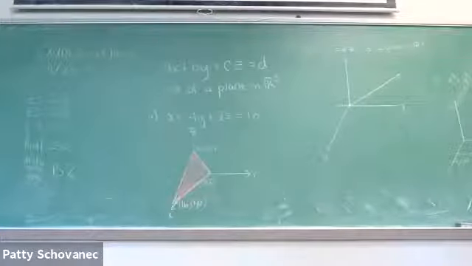But the absence of the z variable means that this extends infinitely up and down, centered on the z-axis. So a circle in one plane becomes a circular cylinder in R3.